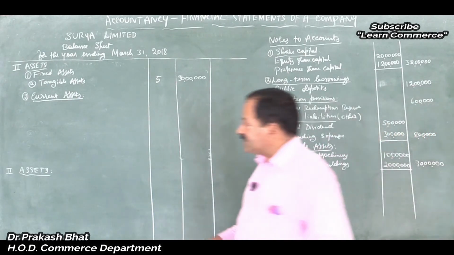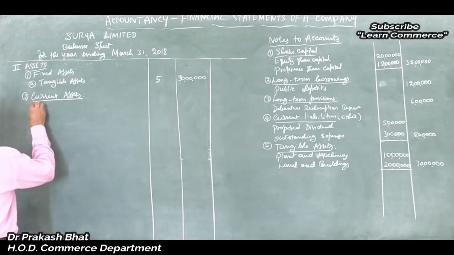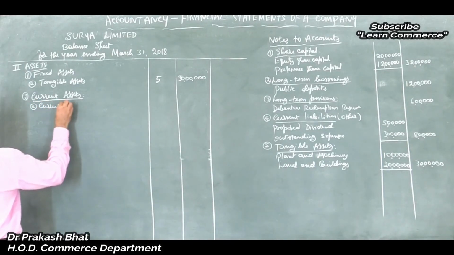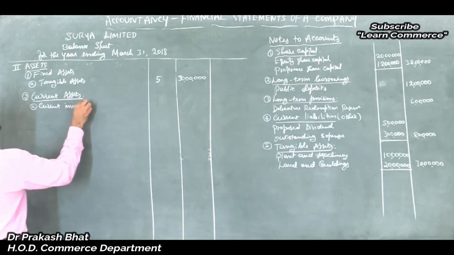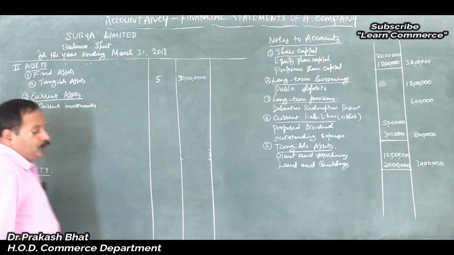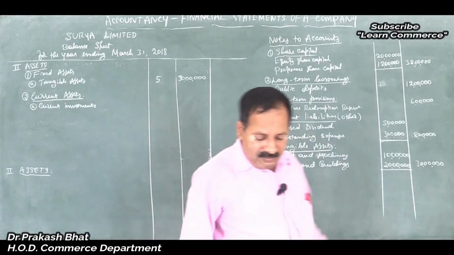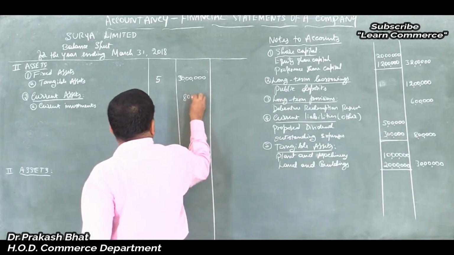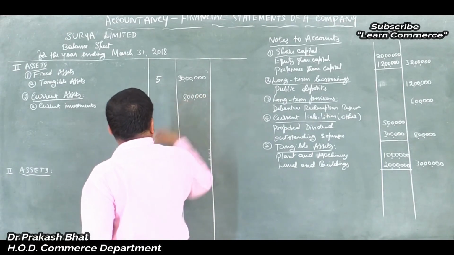Current investments, first item. Point A, current investments. No need of a working note for this. Current investments, how much is it? 8 lakh.